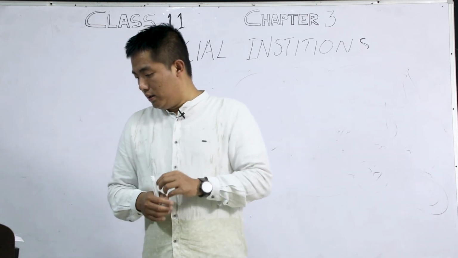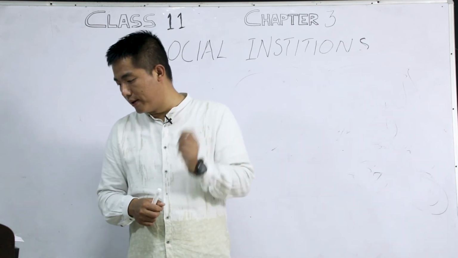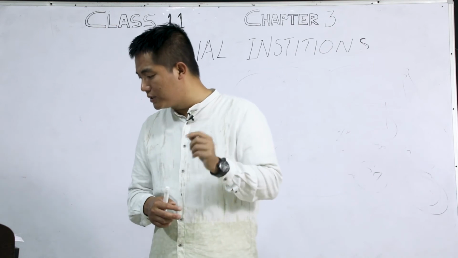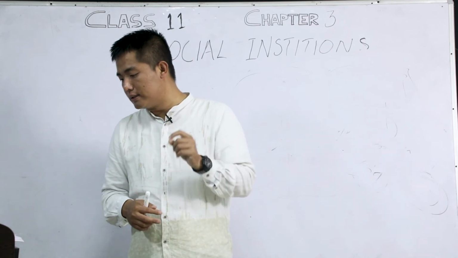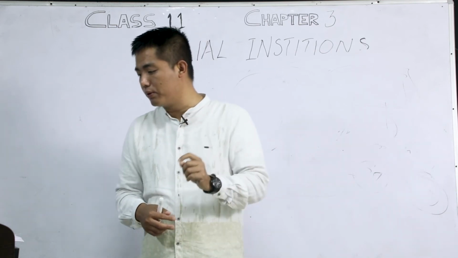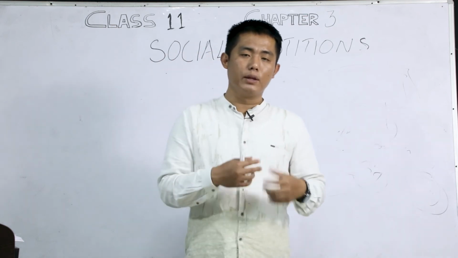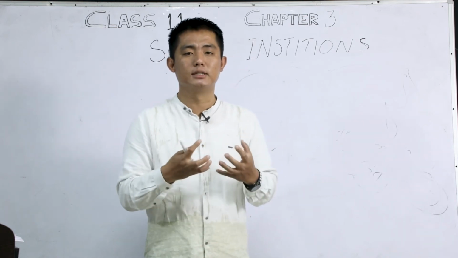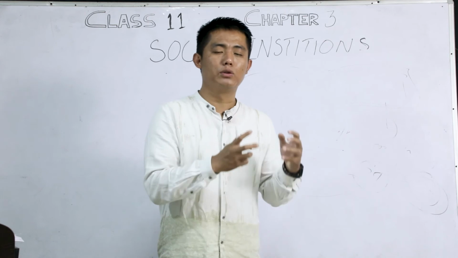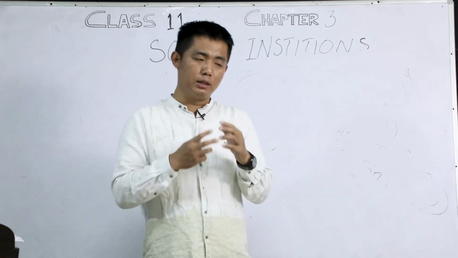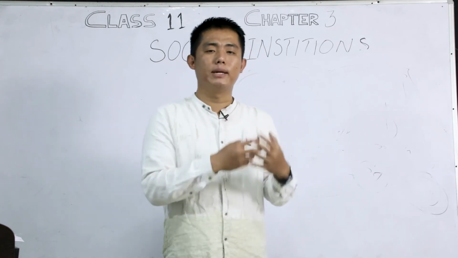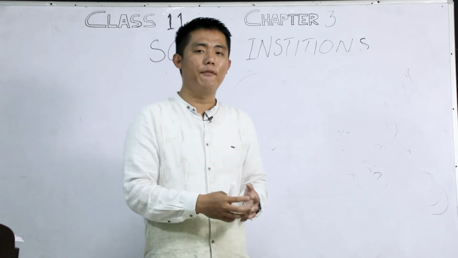Now, when we talk about the family, it says that family is essential for procreation and socialization. It also teaches the individual how to be a part of the society. It teaches them some of the basic things, how to behave in the society.